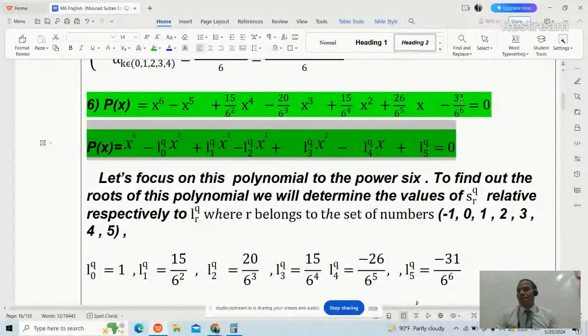So we told that yes, this is our polynomial to the power 6 that we are going to solve. I'll just make this mute. So therefore, learners, we should start.